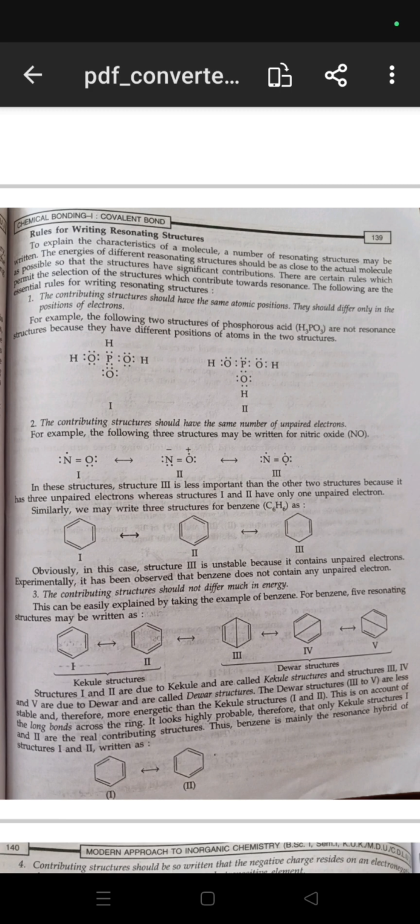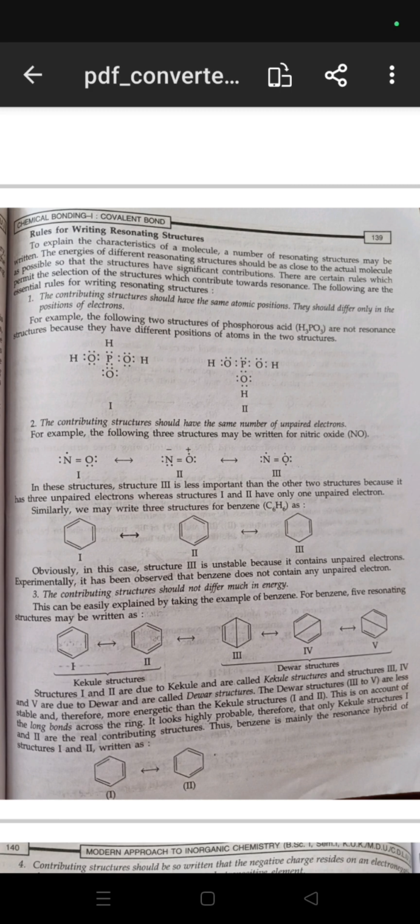In the above structures, structure 3 is less important than structures 1 and 2 because structure 3 has 3 unpaired electrons whereas structures 1 and 2 have only 1 unpaired electron. Obviously, structure 3 is unstable because it contains unpaired electrons.